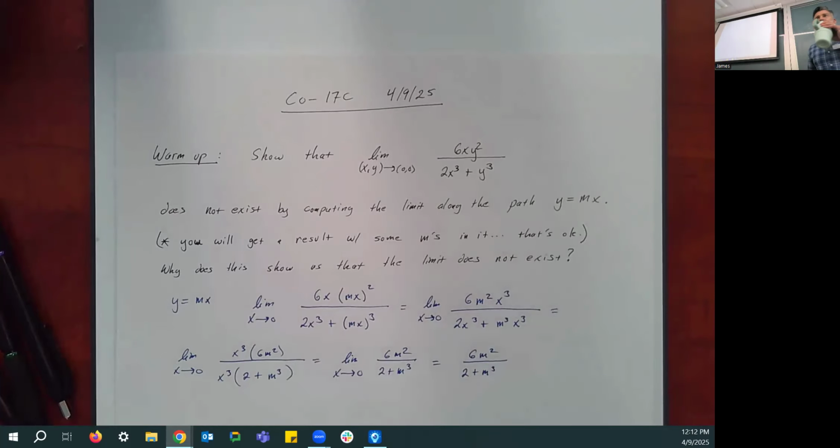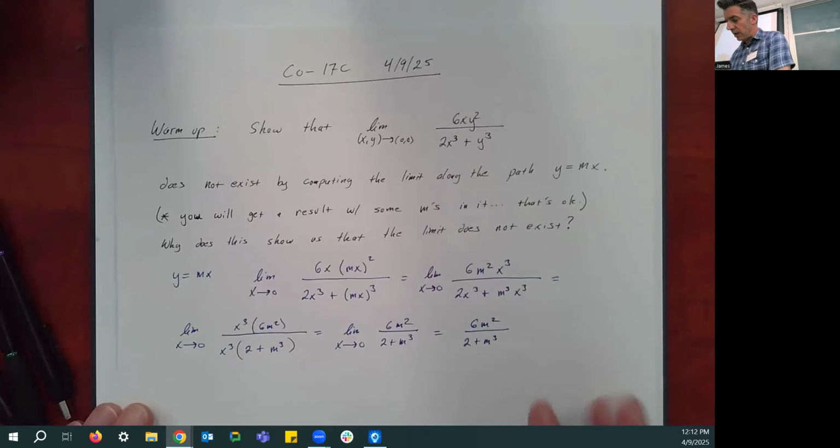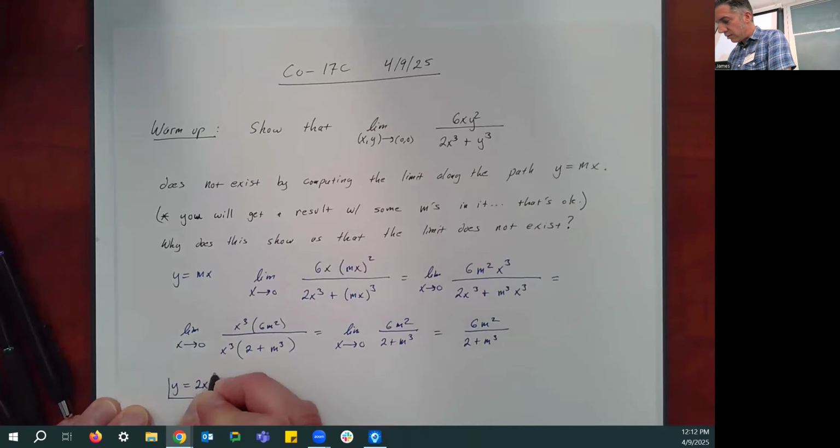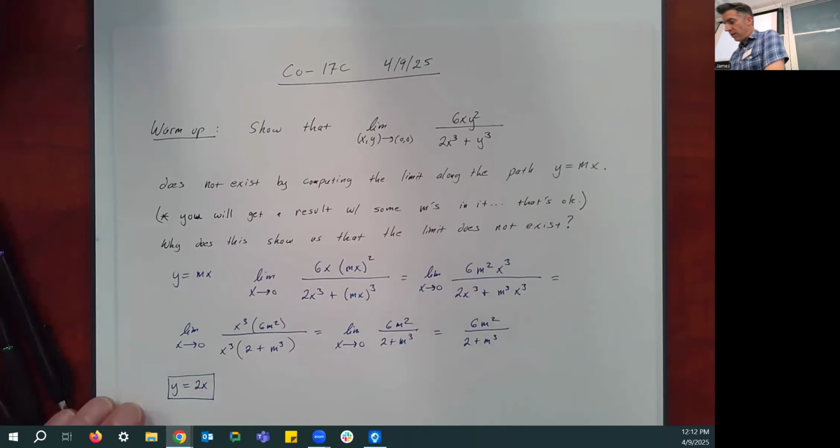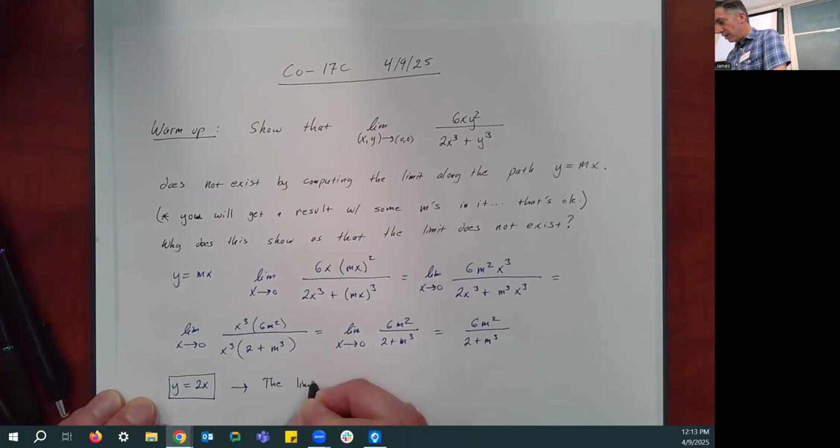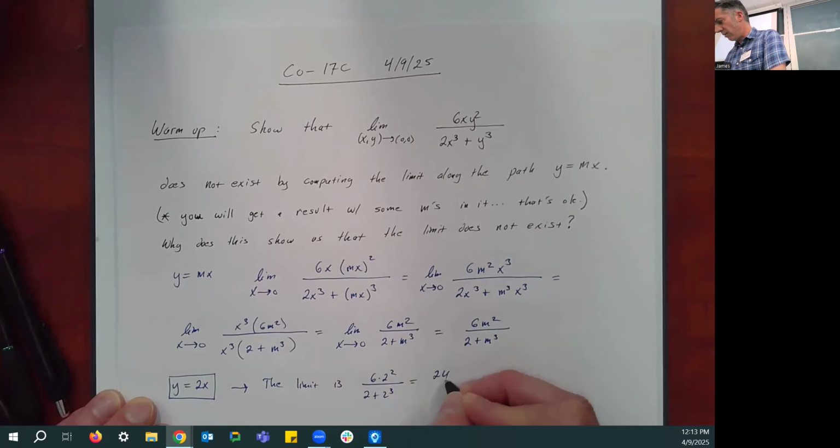What does that mean for us? Well, it means that the limit doesn't exist, because if you pick different values of m, for example, y equal to 2x, we're essentially saying m is 2, which gives us 6 times 2 squared over 2 plus 2 cubed. 6 times 4 is 24, divided by 2 plus 8, which is 10, so 2.4.